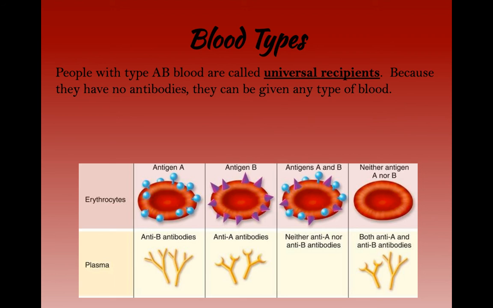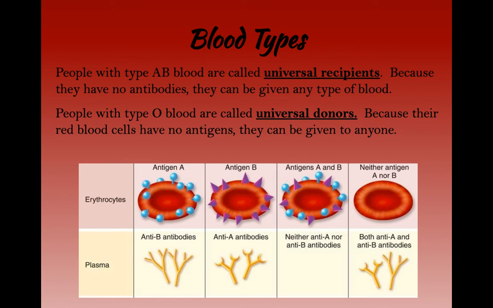People with type AB blood are called universal recipients. They have no antibodies, so they can get any type of blood. They can have A or B or AB or O because they have no antibodies. They're not going to fight against anything. Whereas people with type O blood are called universal donors because their red blood cells have no antigens, so they can be given to anyone.